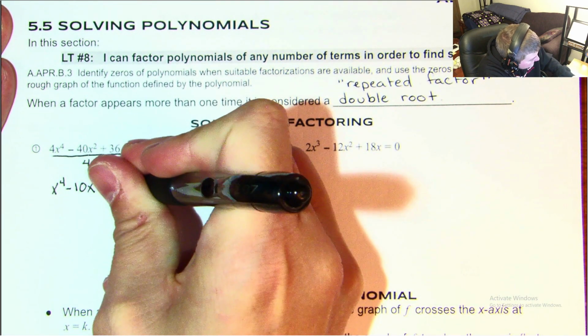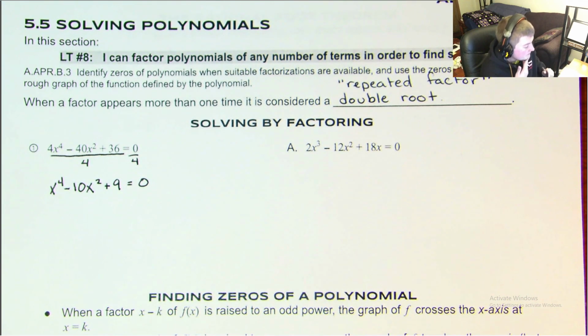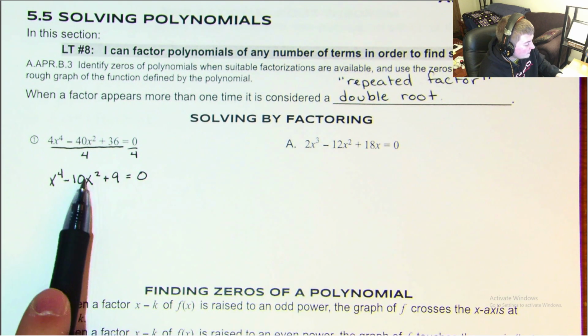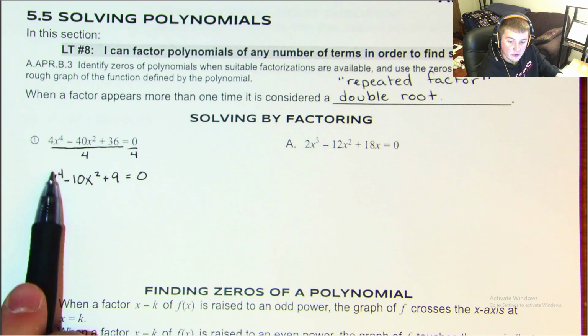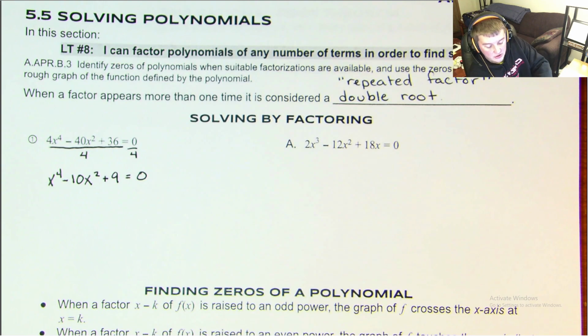Okay, and then that is equal to 0 because 0 divided by 4 is 0. So now I'm looking at this, and even though it has x to the 4th, if you recall, this is in quadratic form. Okay, we have a term with a variable of 2, and then double that into a variable of 4. So we can treat this just like any other quadratic equation.